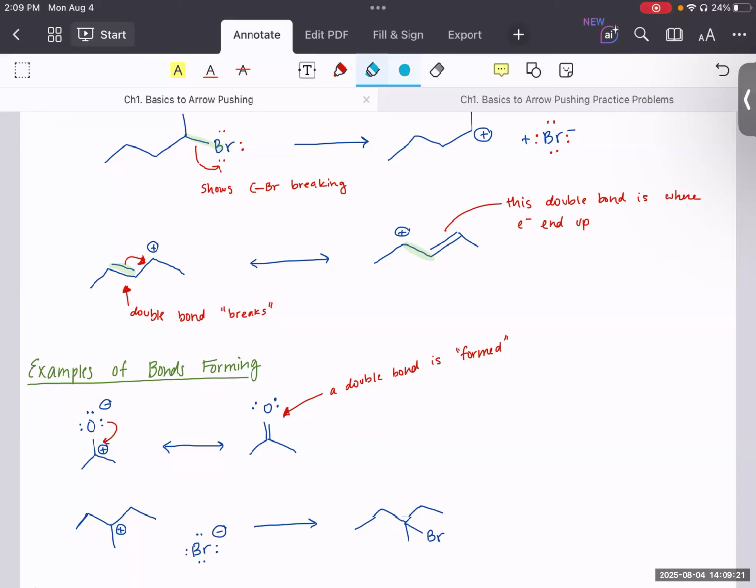All right, and so from here, if we want to show the formation of that bond, we start at where the initial electrons were, which is on that bromine, and draw an arrow to their new location, which is where that middle carbon is. And I'll put a dot on that carbon to help show that.